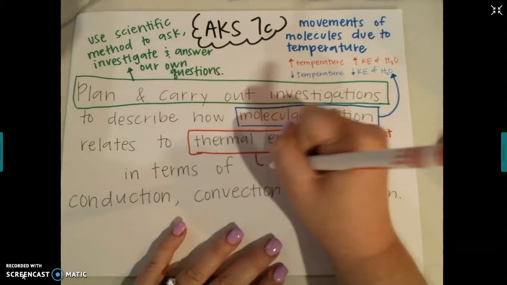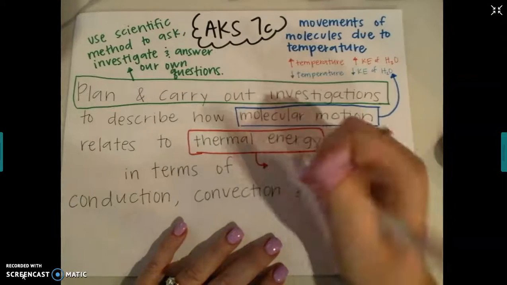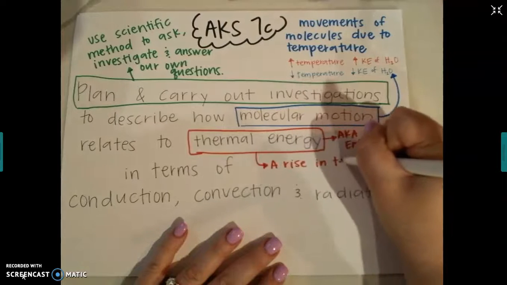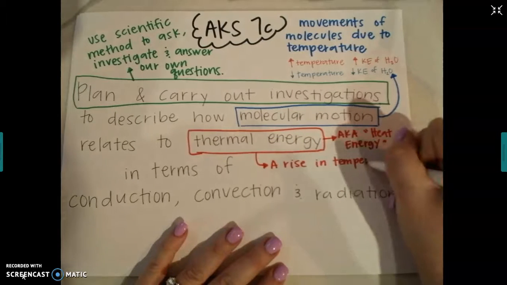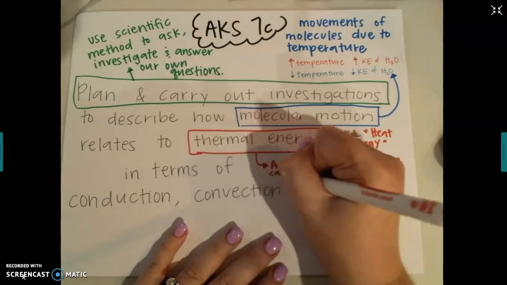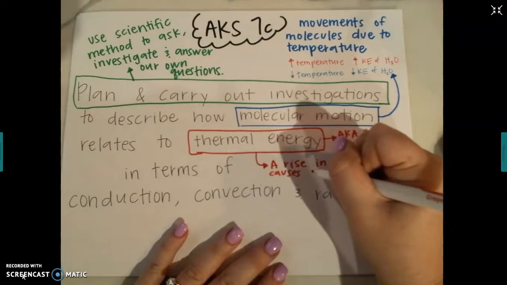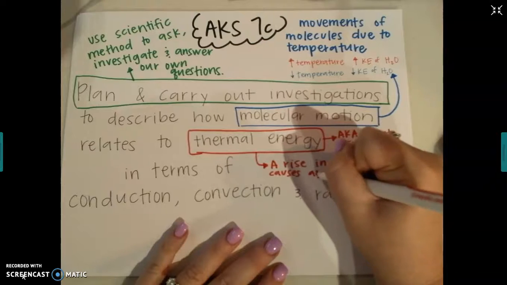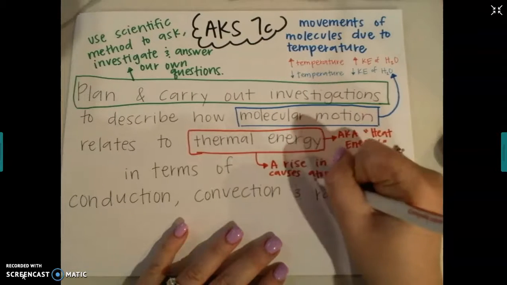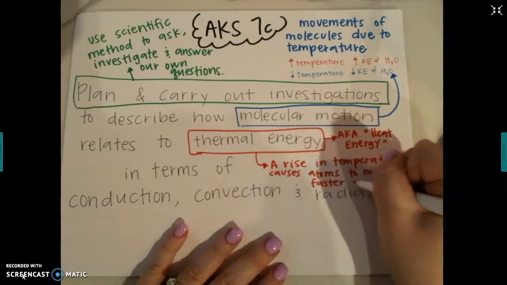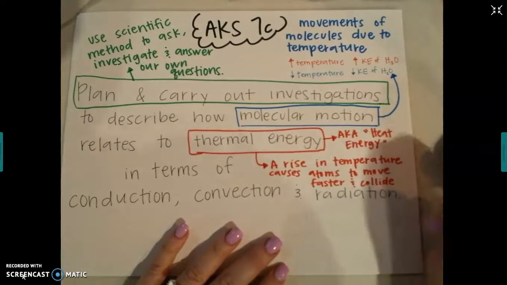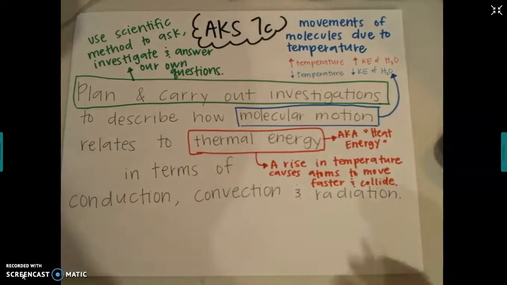So I'm going to draw an arrow like this, and I'm going to write a rise in temperature causes atoms to move faster and collide with one another. They bump into one another the faster that they're moving.